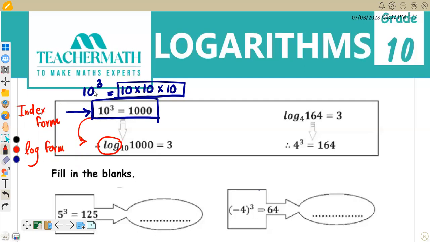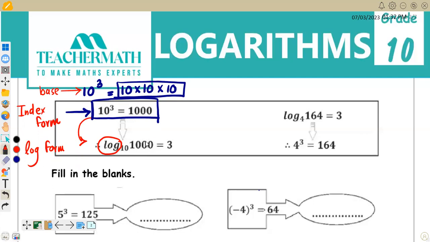What is the base? Base is the number that we multiply repeatedly to obtain a particular answer. Here we have multiplied 10 repeatedly 3 times. Then 10 is the base. Base in log form is written at the end of the g.